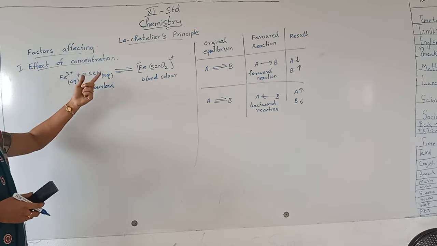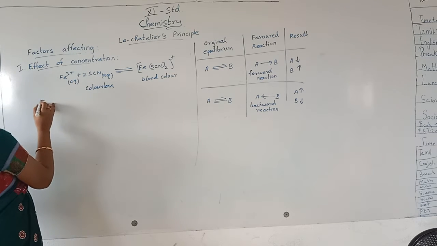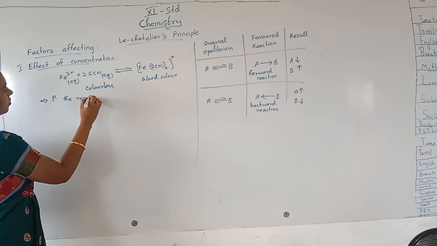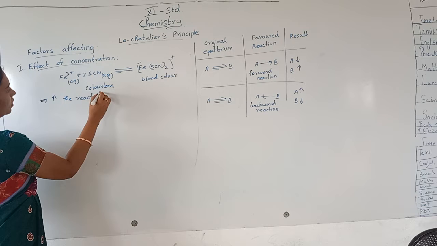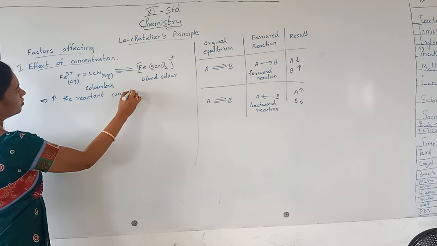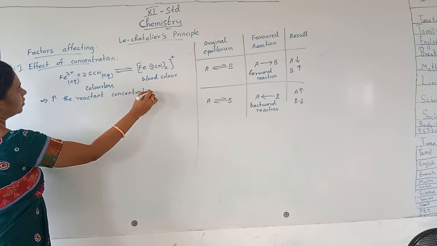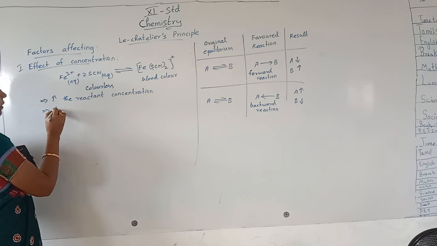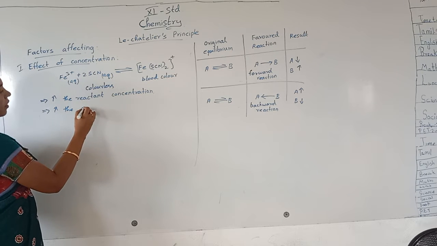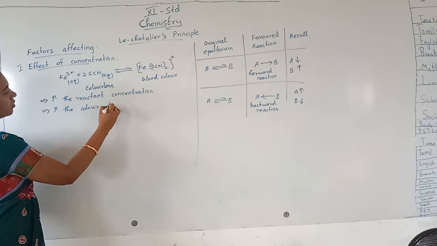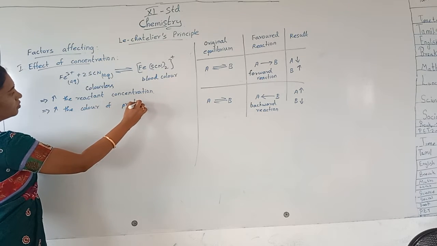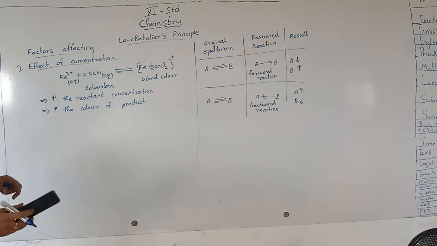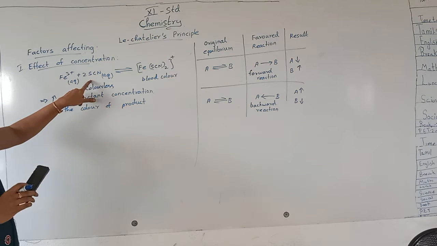So you increase the reactant concentration and the color of the product increases. First a colorless solution, then a red color is formed.